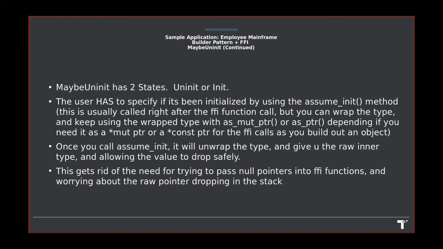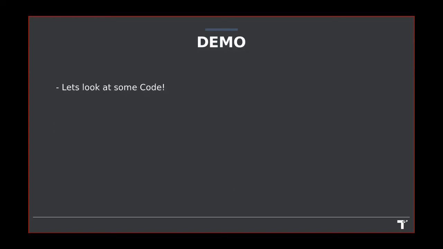You do a MaybeUninit, then you call the C function and pass that in as a mut pointer to populate it. Then you can call assume_init on it, because you know it's been initialized. And it's hard. This is dense, and I will show you what I mean when we get to the code.